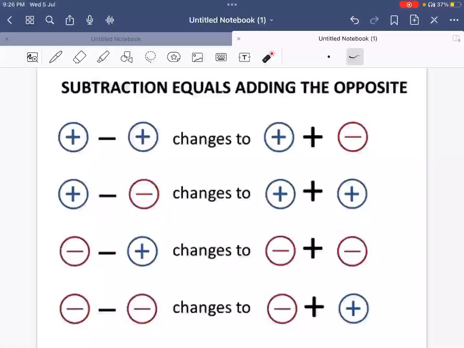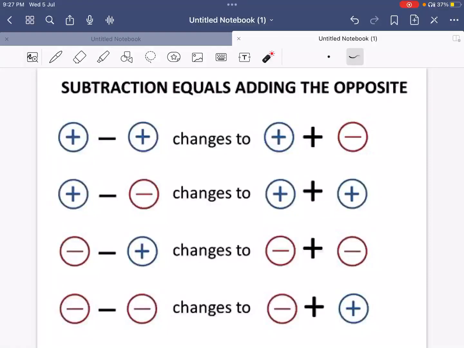Similarly, second case: first number is positive, second number is negative. In this case also this minus will enter and multiply with the second number. Here the sign inversion takes place, meaning this minus which entered the bracket converts it to a plus, and the outside minus we have to write as a plus.